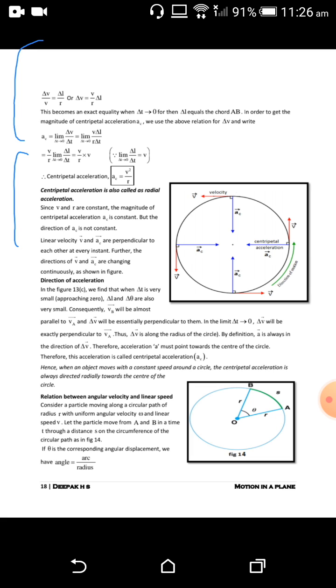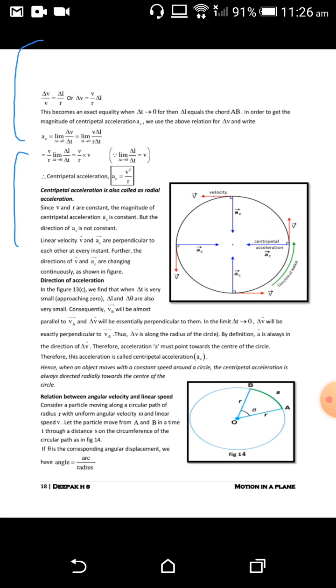Hence A subscript C is equal to V square by R, which is called the expression of centripetal acceleration. Centripetal acceleration is also called radial acceleration. Since V and R are constant, the magnitude of centripetal acceleration A subscript C is constant, but the direction of AC is not constant.